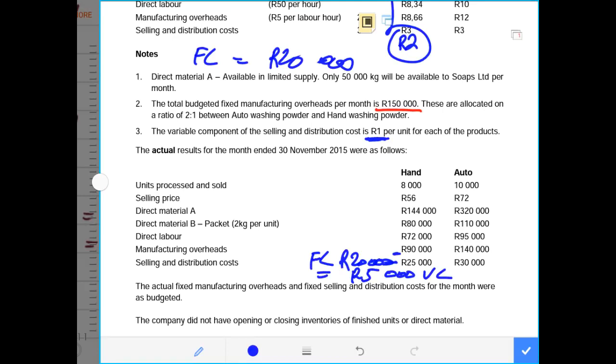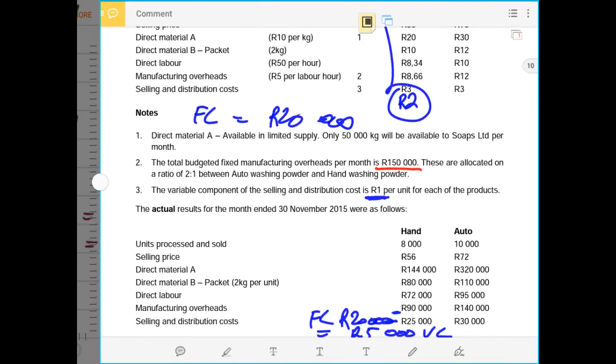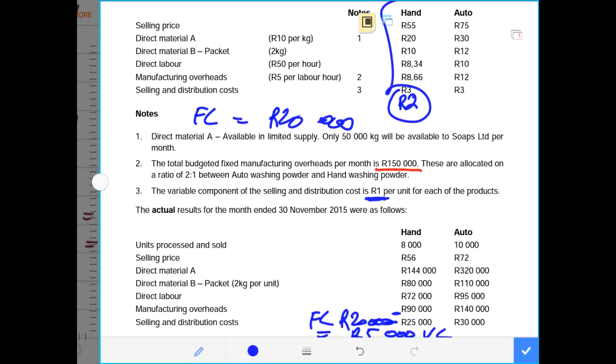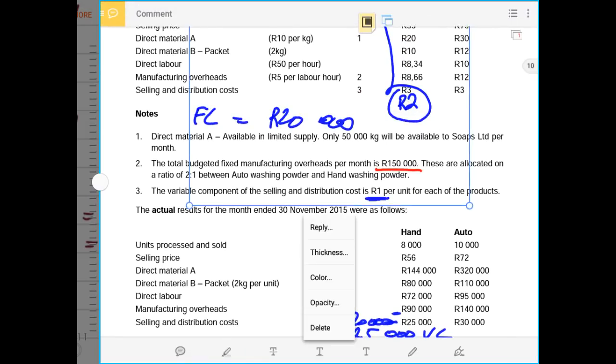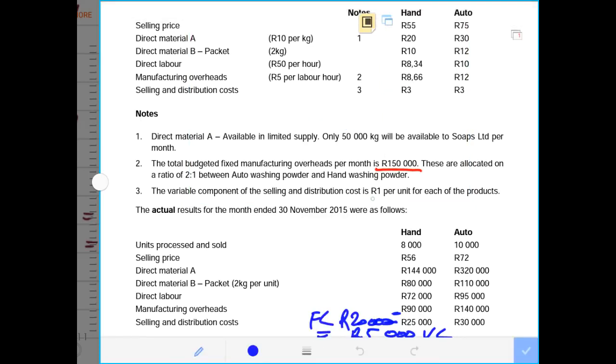Then after we say our variable selling and distribution was 5,000 total actual, then our variable selling and distribution standard cost per unit was 1 rand. Remember we need to know standard cost. Always I say standard is the connection of the standard information and the actual information.